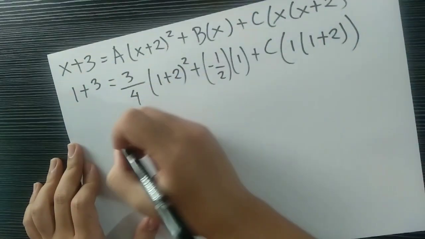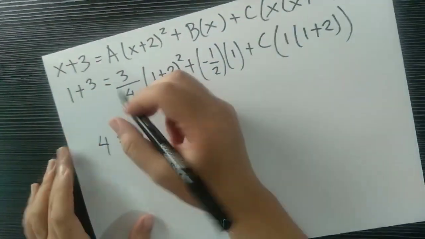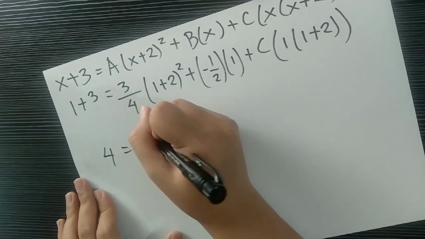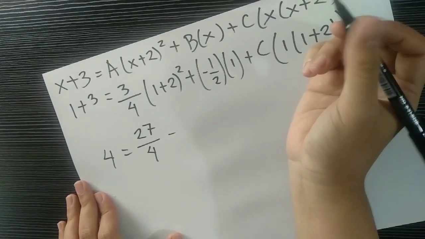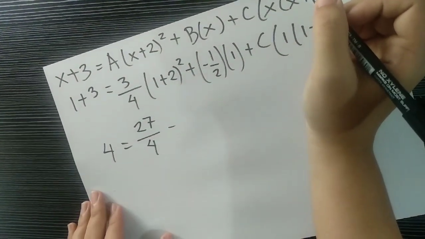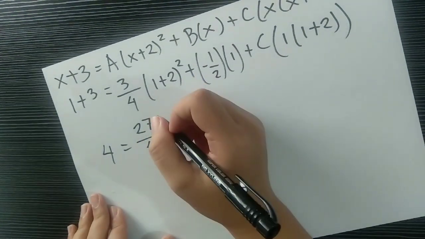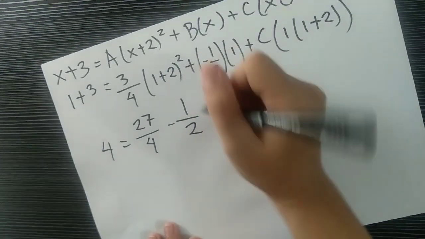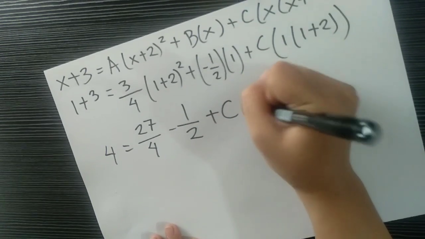We'll get 4 equals, multiplying all this, 27 over 4 minus 1/2 plus C times 3.